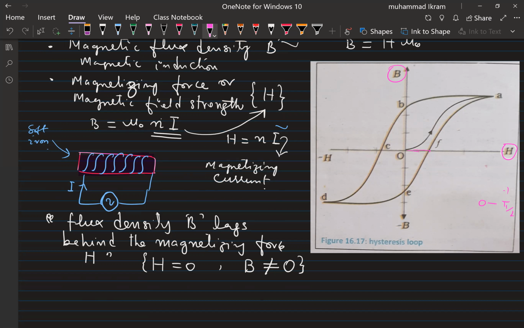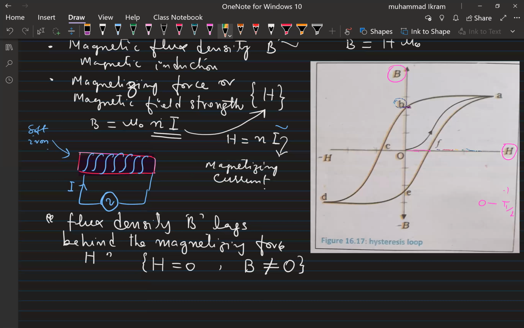After it attains saturation or a maximum value, it does not increase any further.